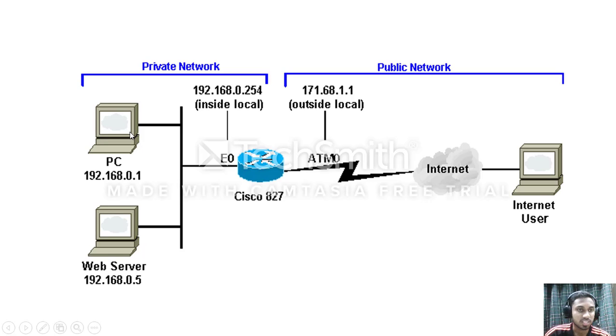It should be translated back to the original IP address so that it can be transferred. So that's how NAT works actually. NAT divides the network into private network and public network.